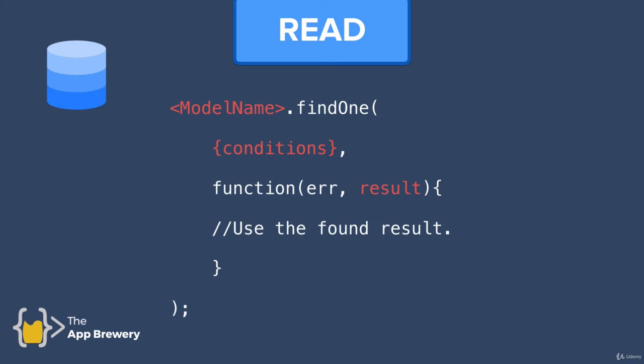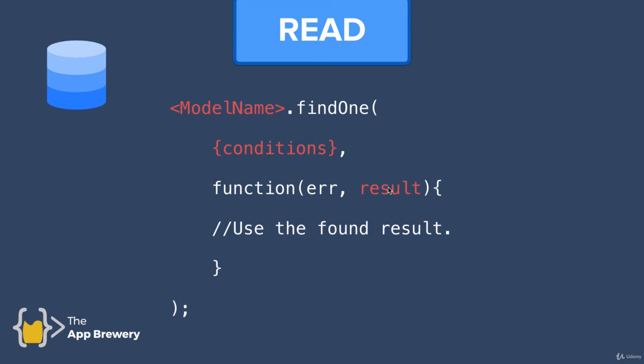So instead of using the find method, I'm going to be using the findOne method. And then I'm going to specify the conditions that it has to match, namely that its title has to match that title parameter that we got in through the URL. And then we're going to add the callback to see if there were any errors or if we got the resulting document.